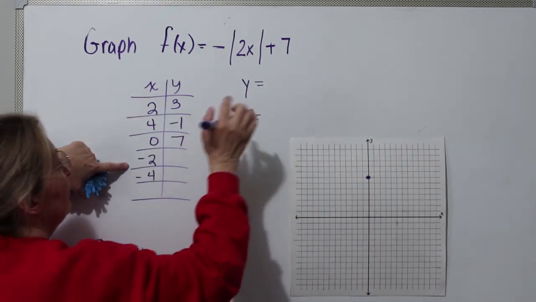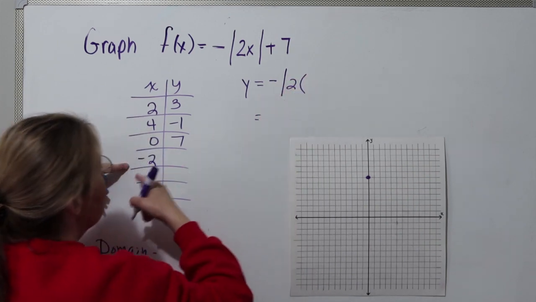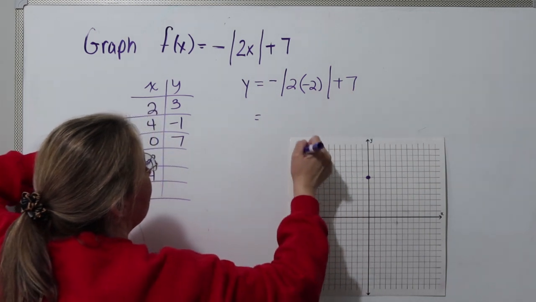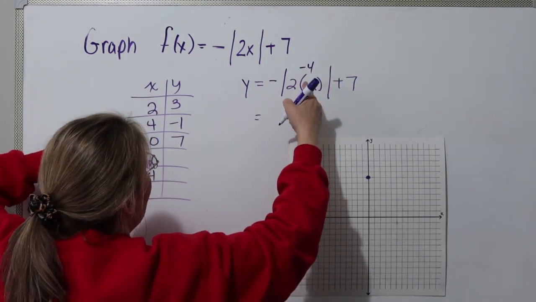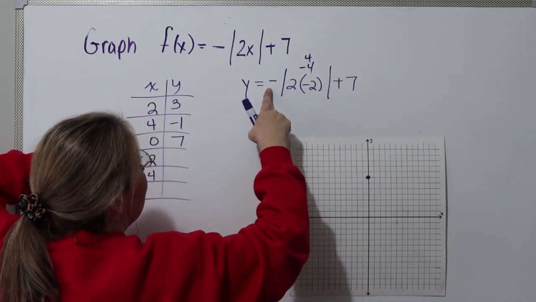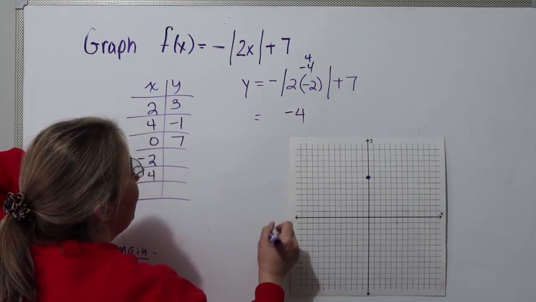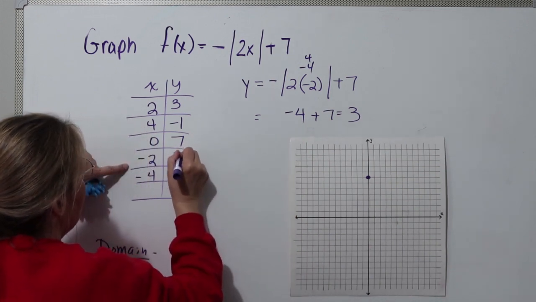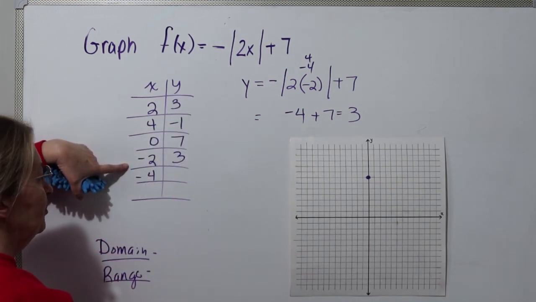Okay? Now let's look at the next two. If I plug -2 in, I've got negative absolute value of 2 times -2 plus 7. 2 times -2 is -4. The absolute value of -4 is 4, but then I've got this negative sign. So my final answer there is going to be -4 plus 7, which is 3. And once again, you should expect to see some of these numbers repeat.